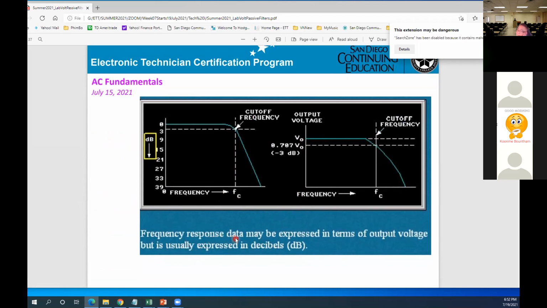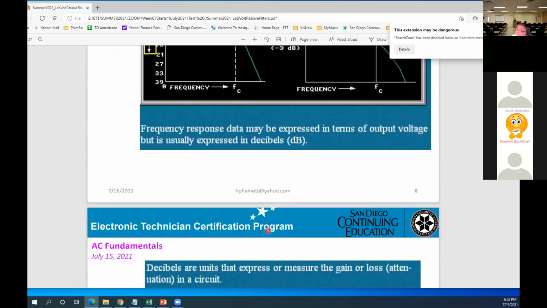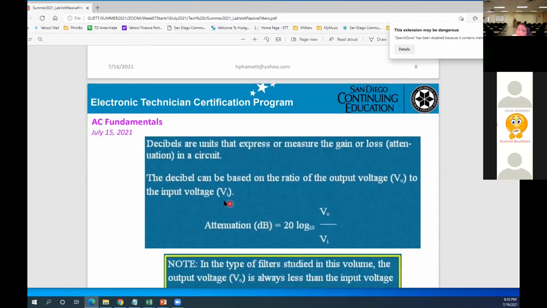Frequency response data, that means output, may be expressed in terms of output voltage, but it is usually expressed in decibels. Decibels are units that express or measure the gain or loss (attenuation) in a circuit.